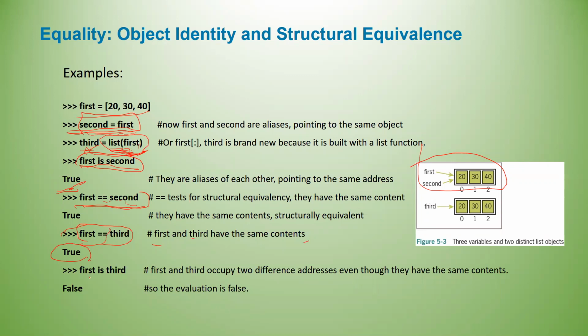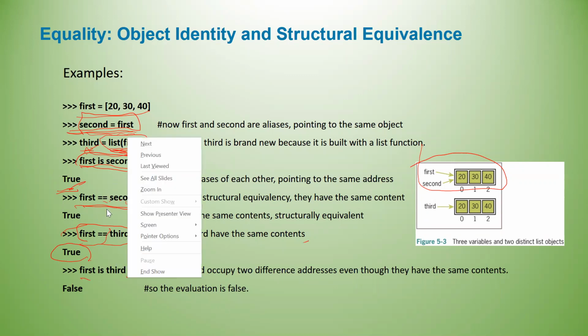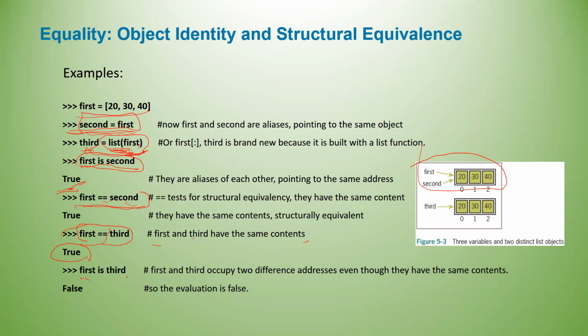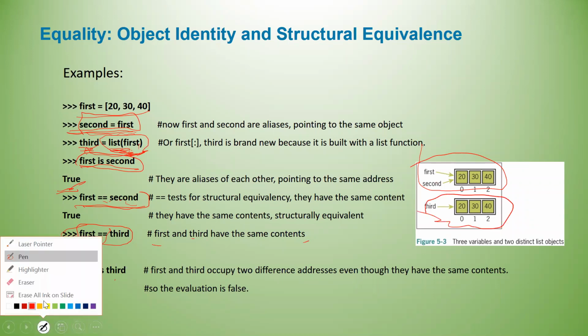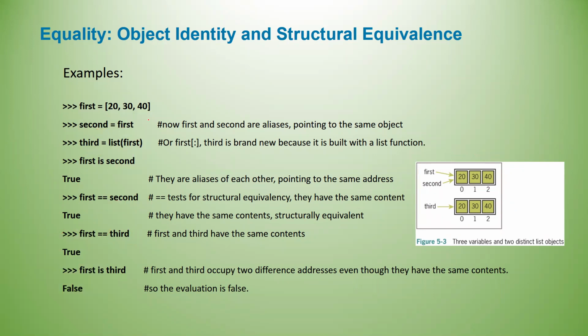First is third is false. They are not the same because they are two separate lists. This is another list. These are examples illustrating that, and I do have these comments there. Any questions about this, everybody?